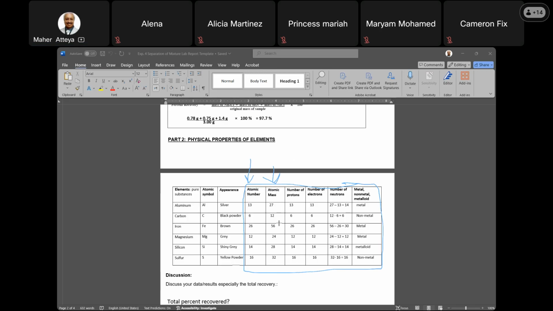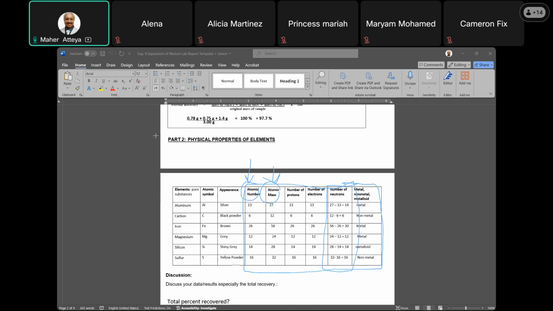If you subtract the atomic number from the atomic mass, you get the number of neutrons.